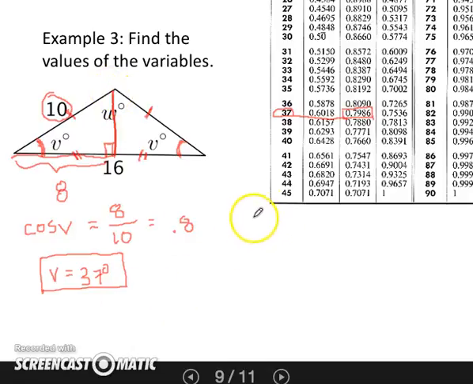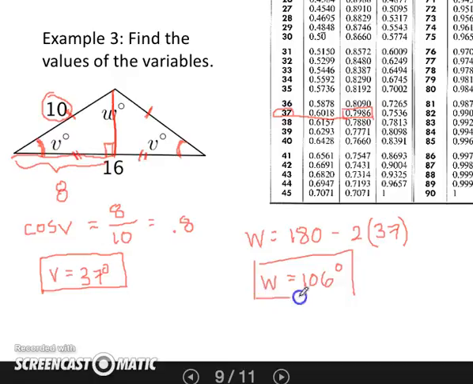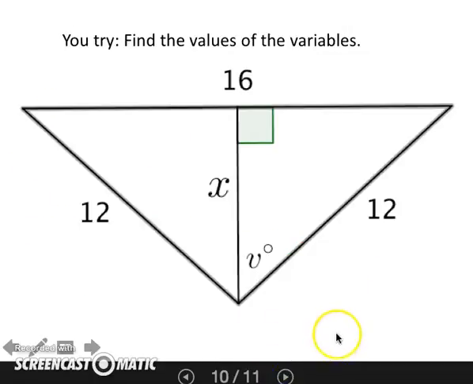So I have that W is equal to 180 minus 2 times the measure of angle V. So I have 2 times 37 degrees. 180 minus, this comes out to be 74, so I have that W equals 106 degrees. You try one like this. Find the values of the variables.